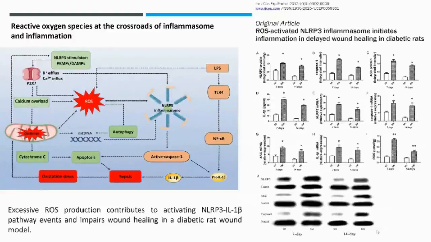And all of us have heard about the NLRP3 inflammasome, which is technically a molecular platform that can modulate innate immune functions by activating a series of caspases, and it can cause proteolytic processing and secretion of interleukins, especially IL-1 beta as well as IL-18, from the immune cells, and so on and so forth.